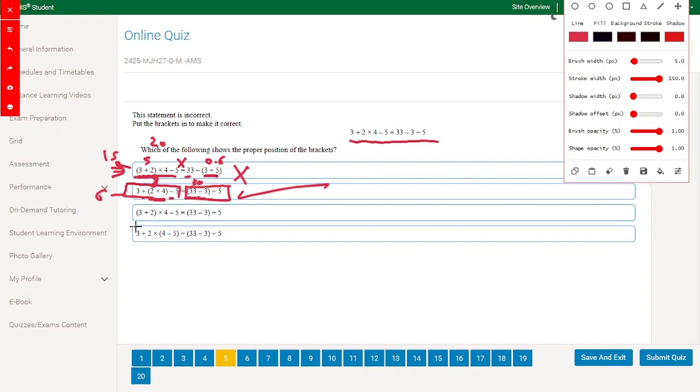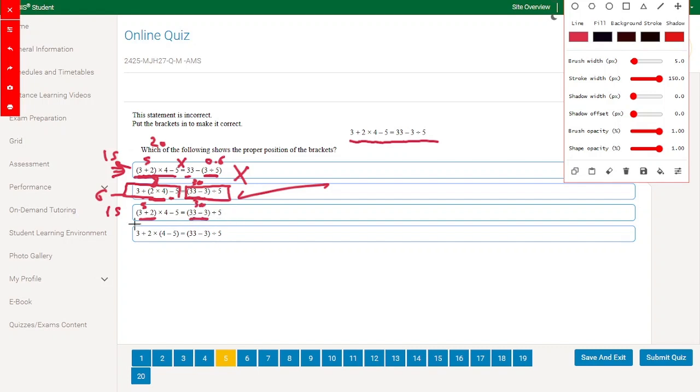The first thing we need to do when we calculate these numbers is to calculate the numbers inside the brackets first, then go outside the brackets. So here 3 plus 2 is 5. 5 multiply 4 is 20. 20 minus 5 is 15. Now here 33 minus 3 is 30.